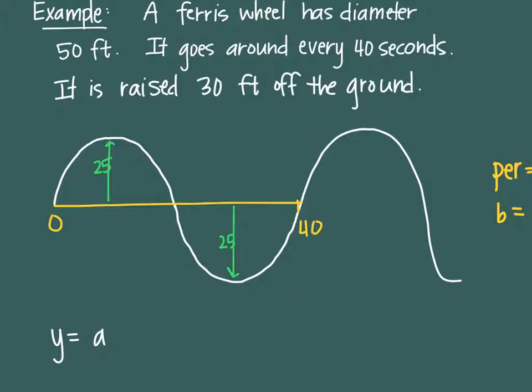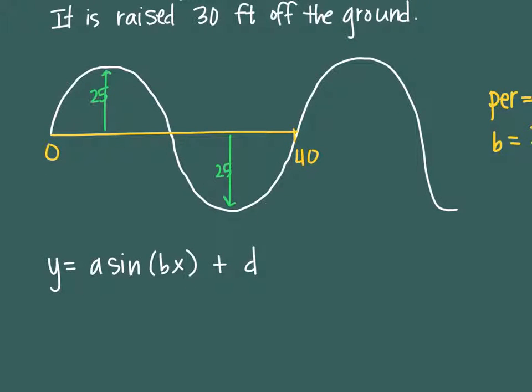All right, so we're going to write our equation. Y equals A sine BX plus D. Y equals 25 sine, my B turned out to be pi over 20 x, and then we know it's been raised 30 feet off the ground, so plus 30.